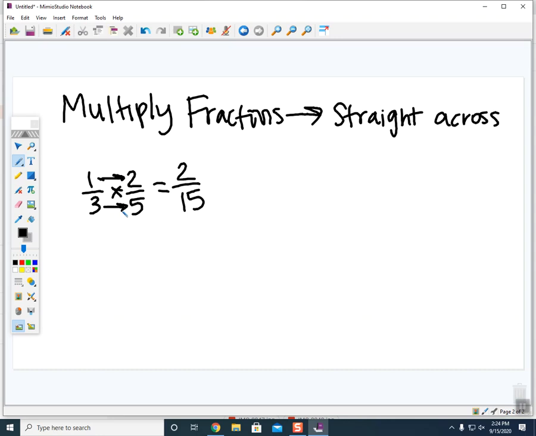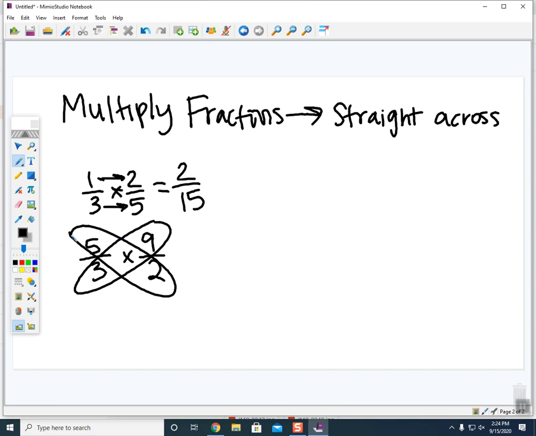Okay, and then that's the same. I could have 5/3 times, let's do 9 halves. Something that I can do when I'm multiplying fractions like this is I can look at what's across from each other, right?